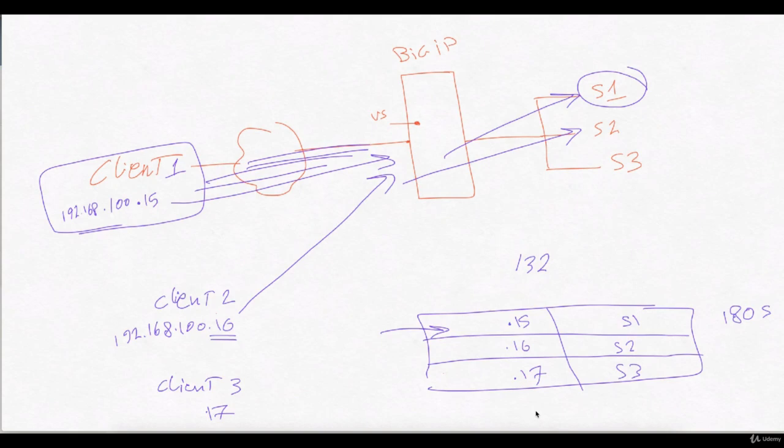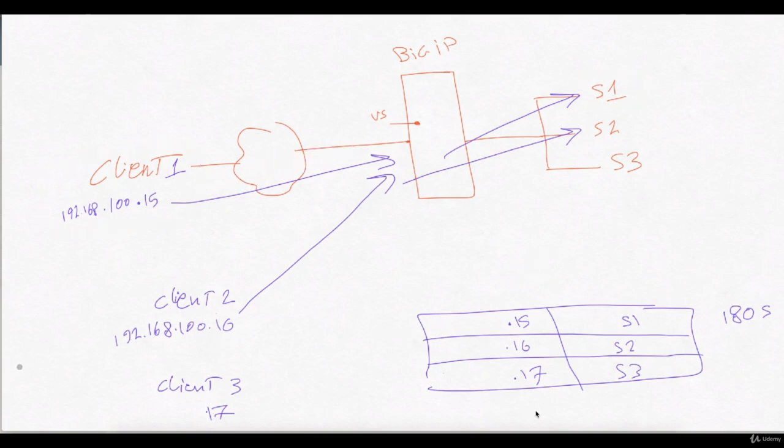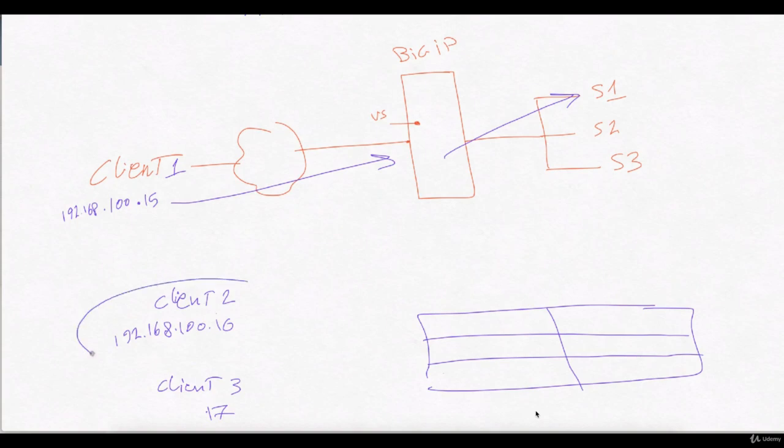Now, what we can do is configure the persistence with a different subnet mask. For example, let's customize our profile so that the persistence will be /24. The result should be that, let's say, client 2 started.